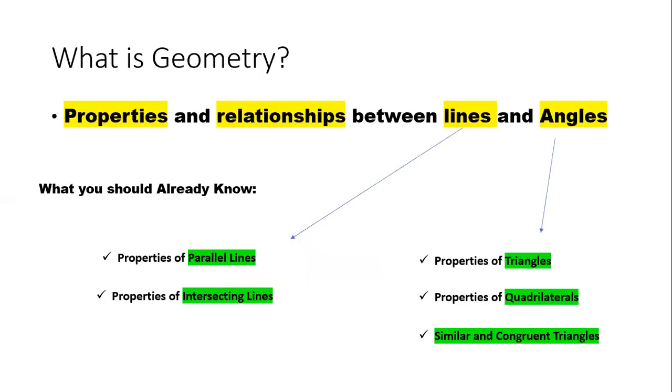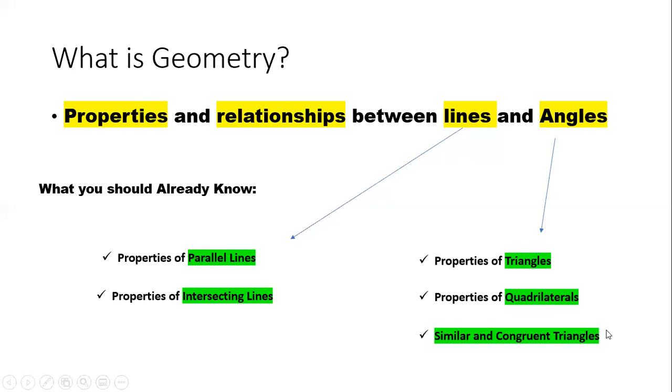So what is geometry? Geometry deals with properties and relationships between lines and angles. Lines and angles, okay. So for us to learn circle geometry, we need to remember the properties of parallel lines, intersecting lines, triangles, quadrilaterals, similar and congruent triangles.